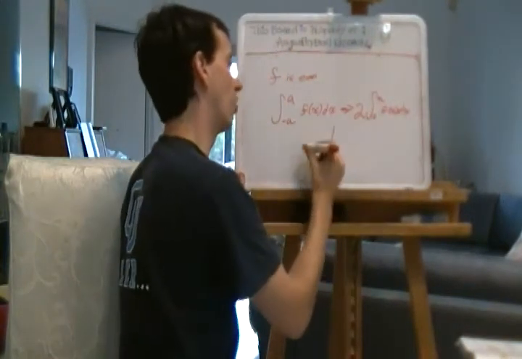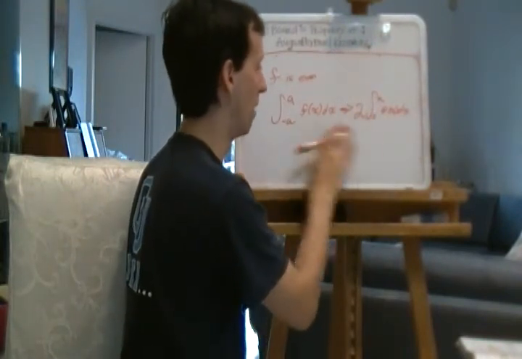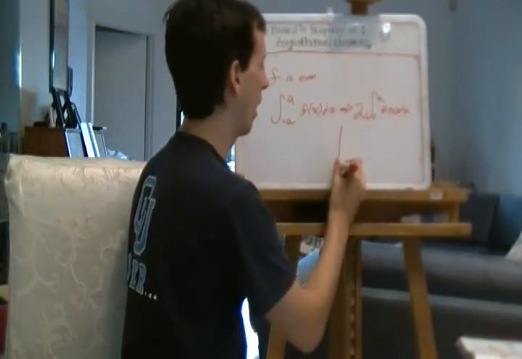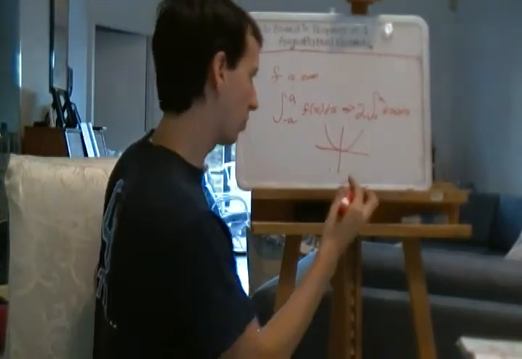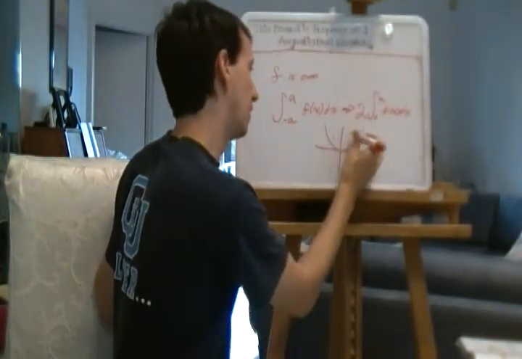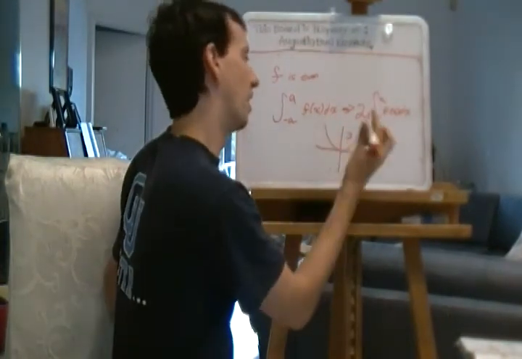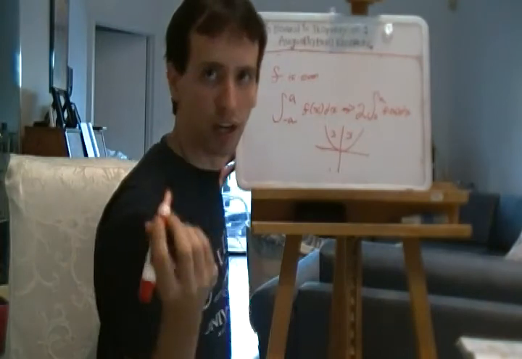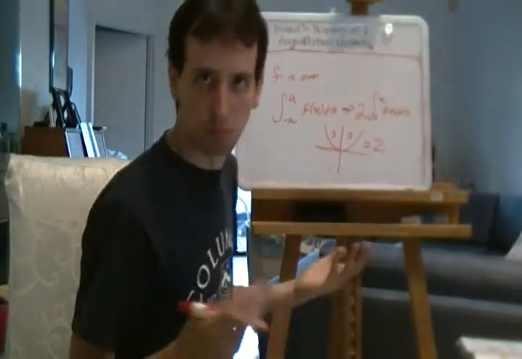I mean, if we're trying to figure out x squared, an even function, if this sums to 3, then the left side is also going to sum to 3. So it's just going to be 2 times one side. Makes sense.